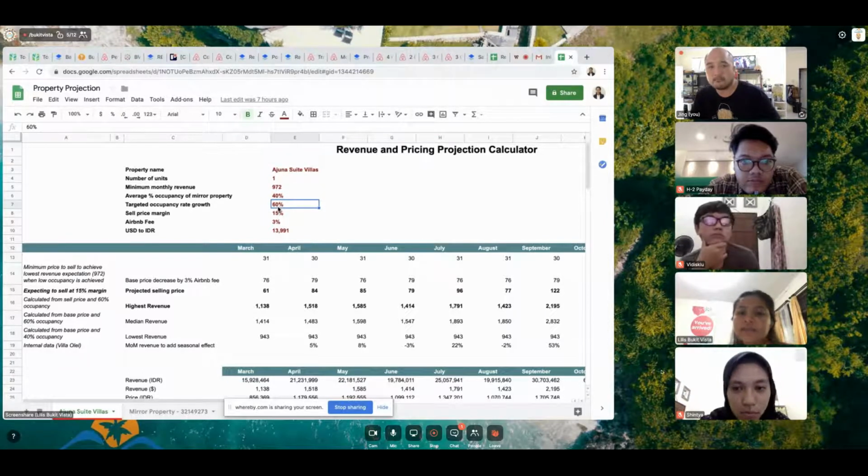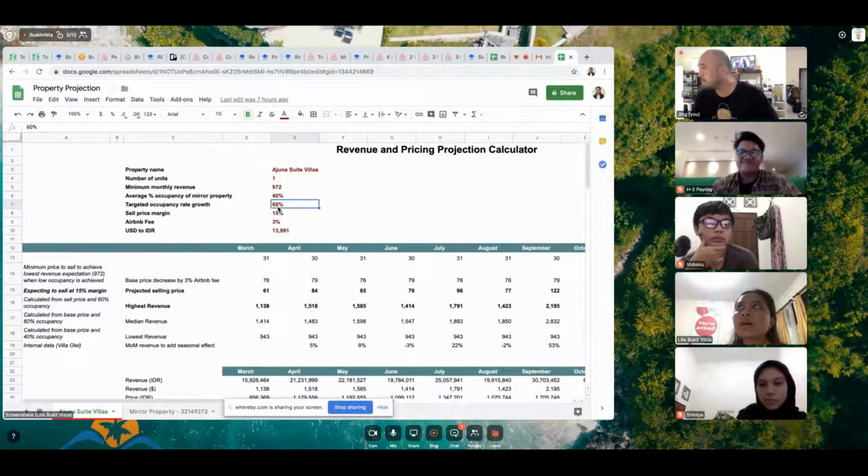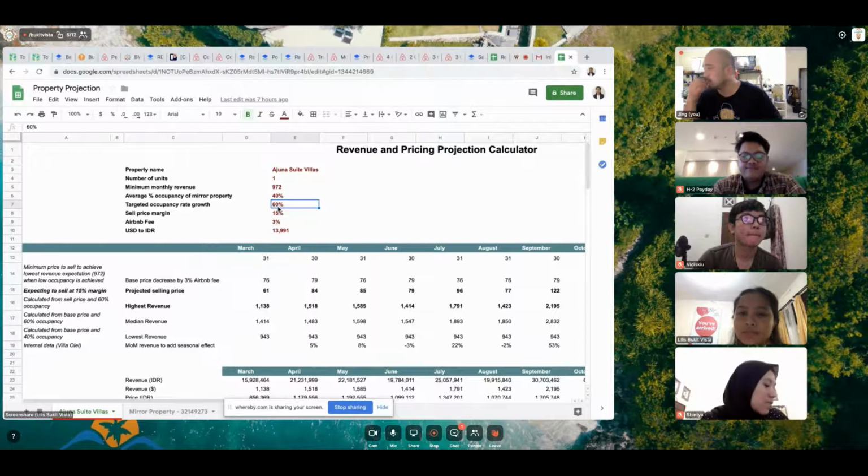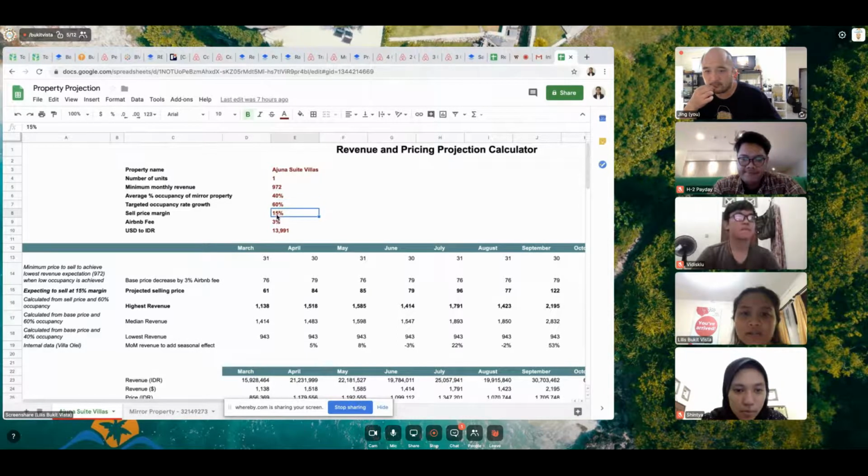I target 60% occupancy because from Villa Olel and the 2 bed in the first listing, which is 2 bedroom, the highest occupancy that we can provide is 60%. And then the selling price margin here, from the Trello, I got 50% for the BV. And I also add the Airbnb fee here.